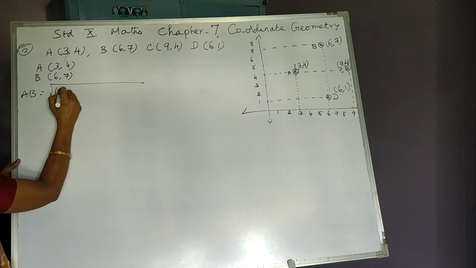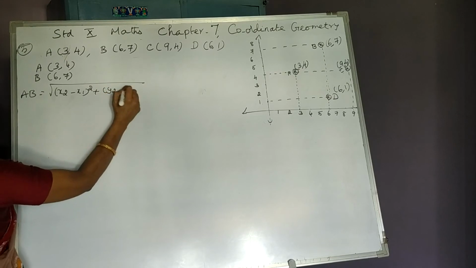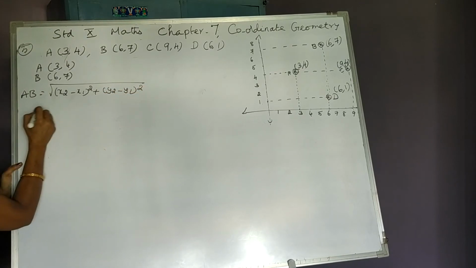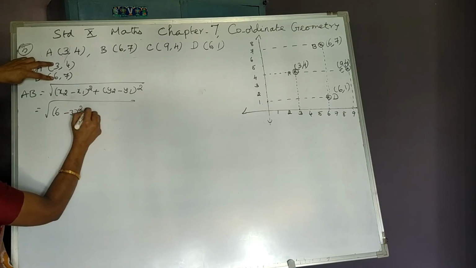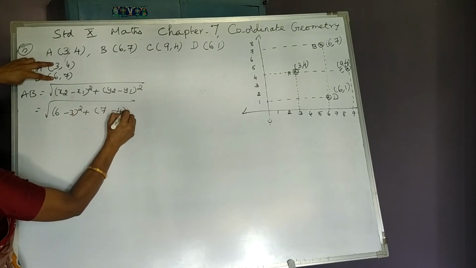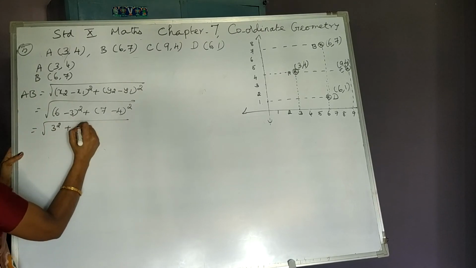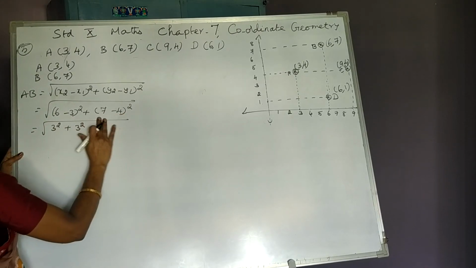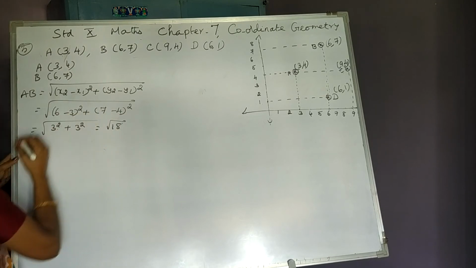We know the distance formula: square root of (x2 minus x1) the whole square plus (y2 minus y1) the whole square. Substituting for AB, 6 minus 3 the whole square plus 7 minus 4 the whole square. It is 3 square plus 3 square. We get 9 plus 9, which is root 18.